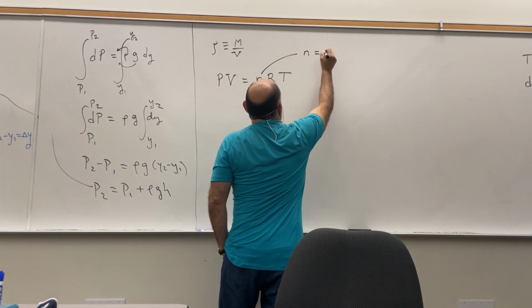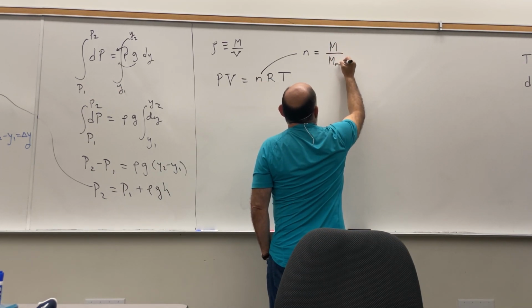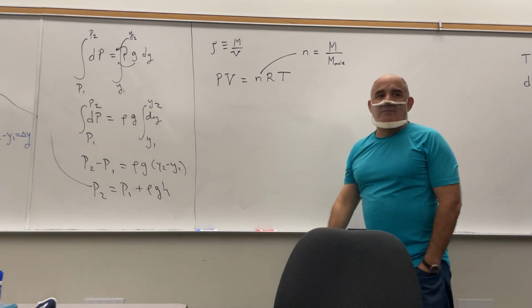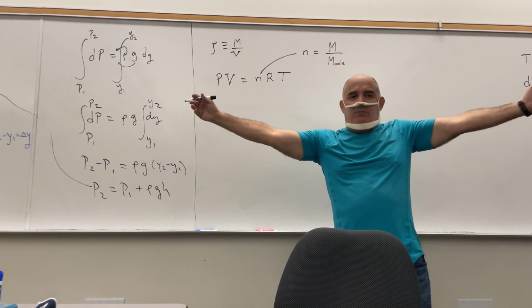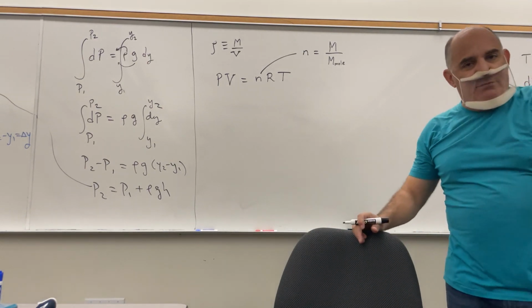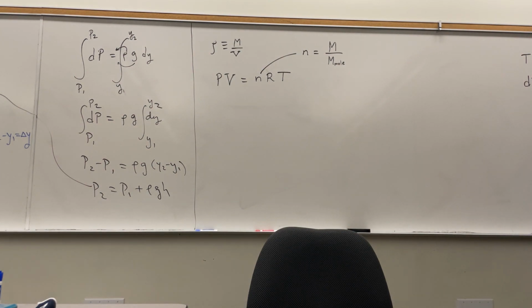The number of moles is the total mass divided by the mass of a mole. The total mass of all of us in this room would be the mass of this mole plus the mass of this mole plus the mass of this mole, which is just the mass of one mole times the number of moles. So then I have that.